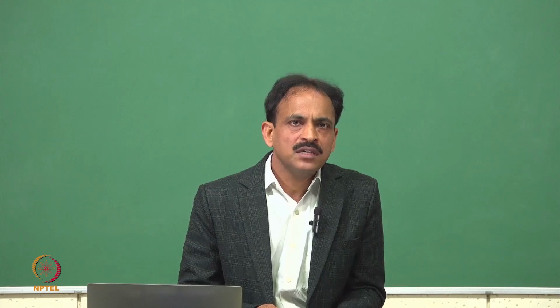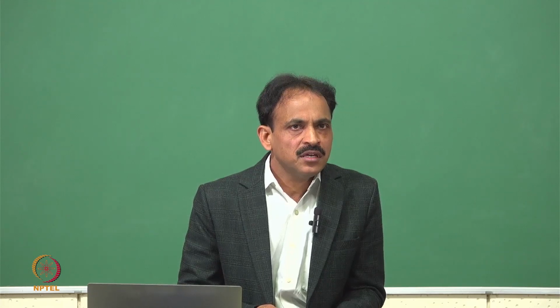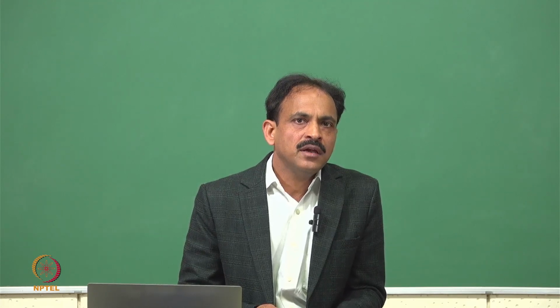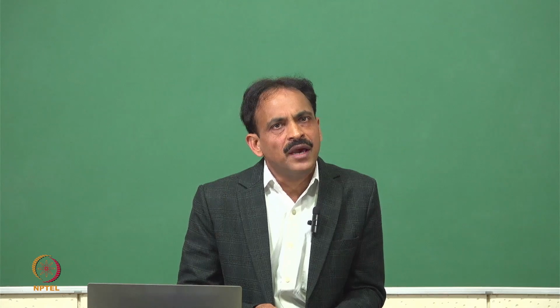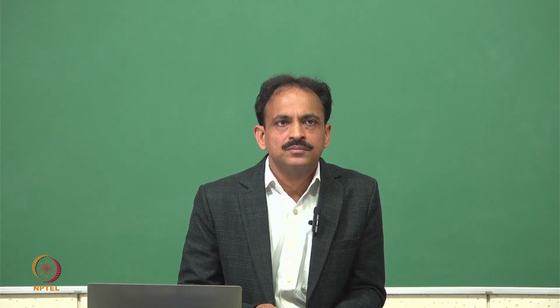It provides a single journal level metric that can be easily interpreted and compared across disciplines. It is based on the journal's citation performance across 3 full years of citation data rather than a single year's snapshot of a journal's performance across the previous 2 years. JCI focuses entirely on articles and reviews.